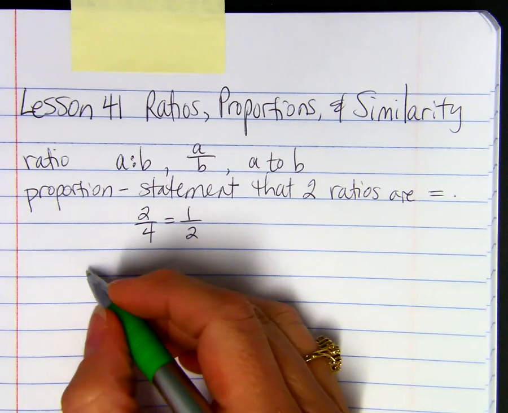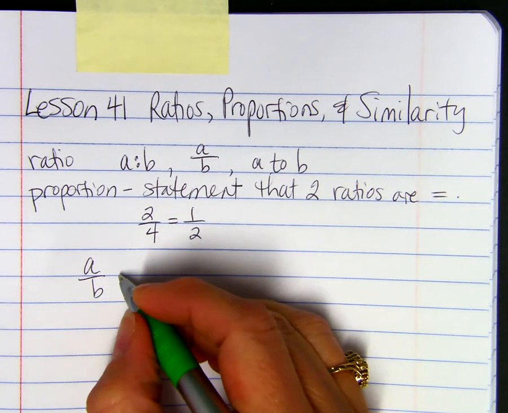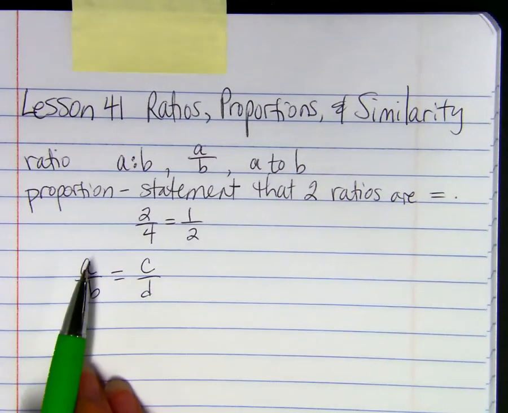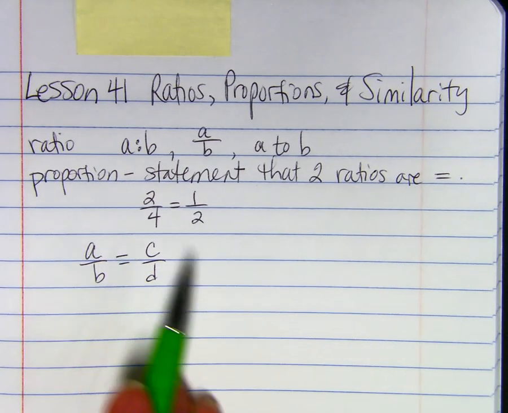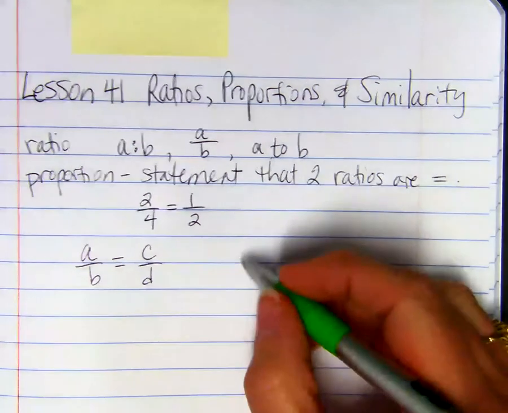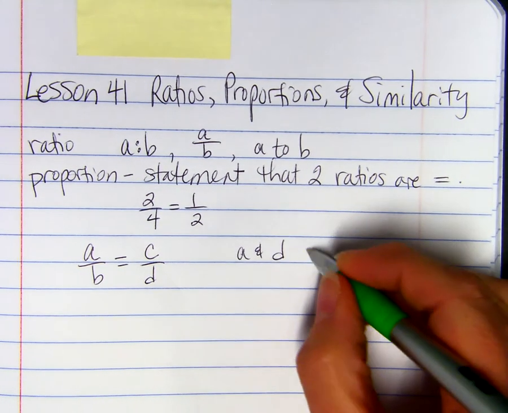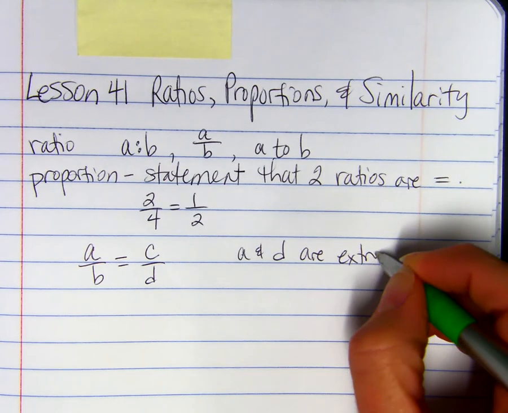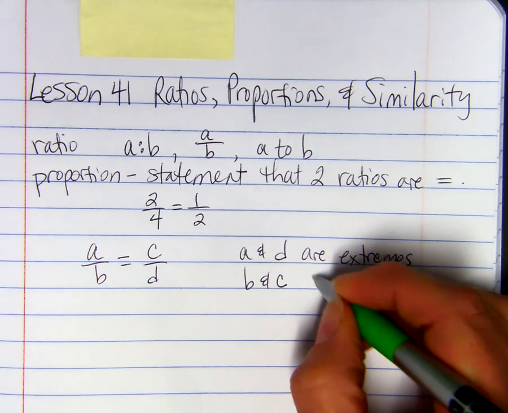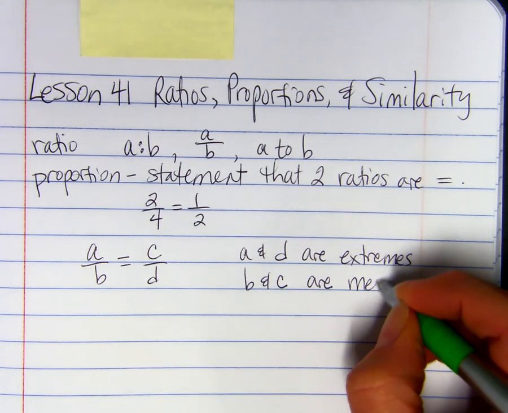When we have a proportion, the numerator of the first and the denominator of the second are called extremes. So A and D are extremes. And B and C are called means.